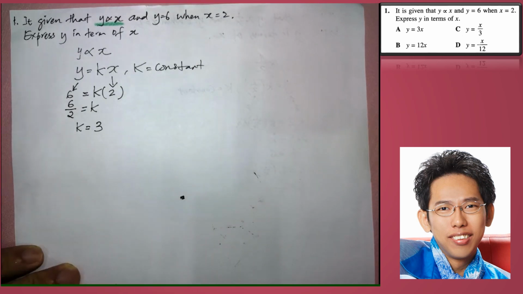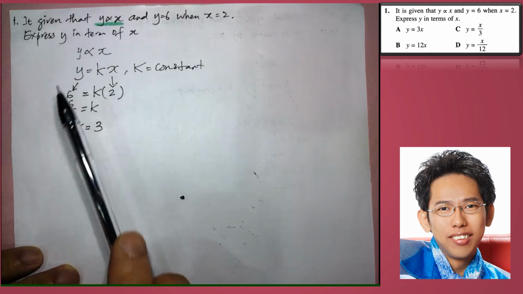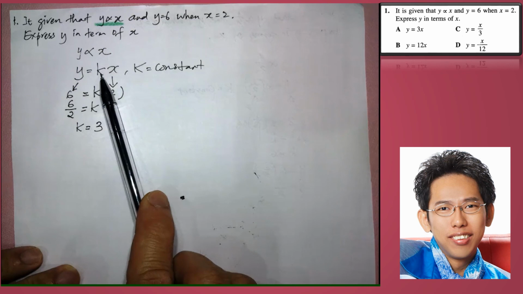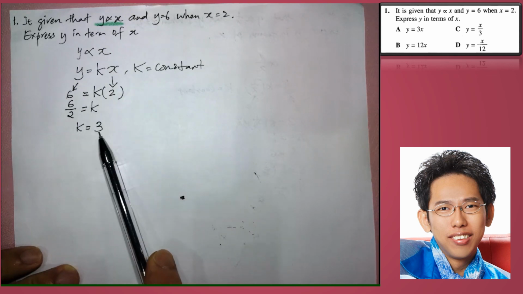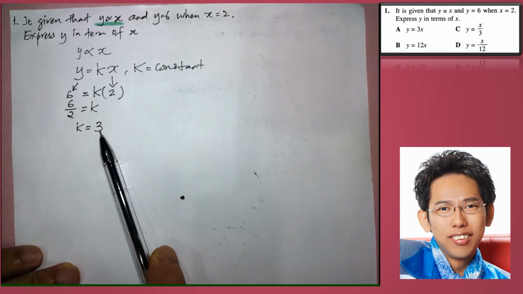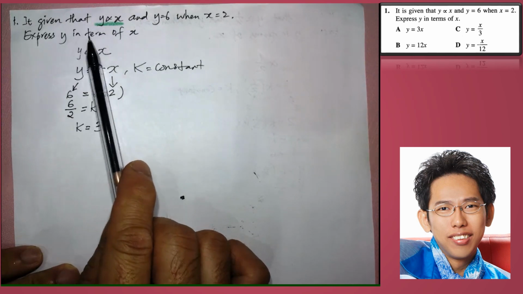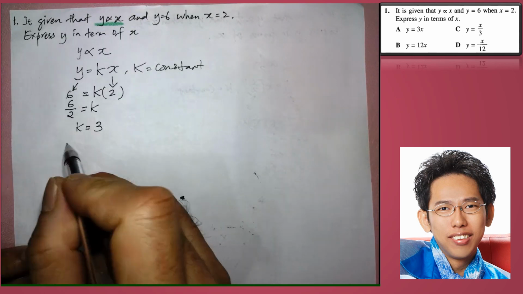Okay, after we have our k, then we can rewrite our equation by changing the k to the number we have obtained. So this is actually our expression, because we want to express y in terms of x, meaning here we need to express y.